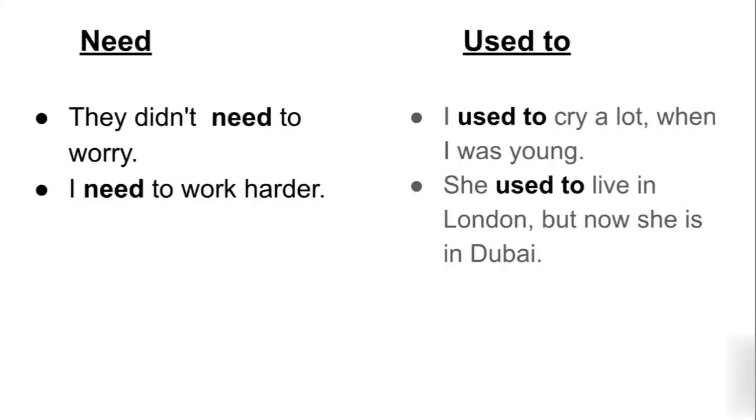She used to live in London, but now she is in Dubai. Before, she used to live in London, but now she is in another place, Dubai. So we can use used to denote a habitual action that happened in the past.